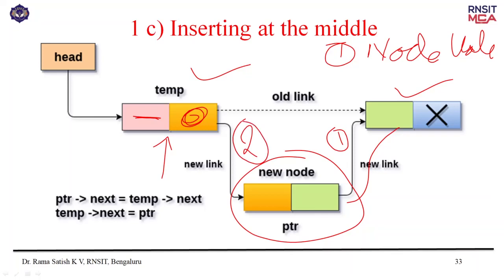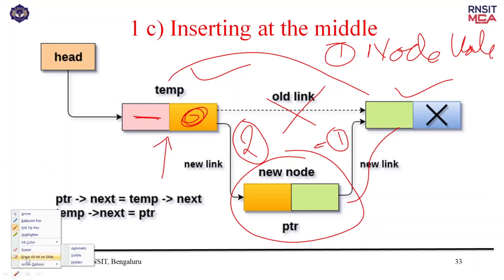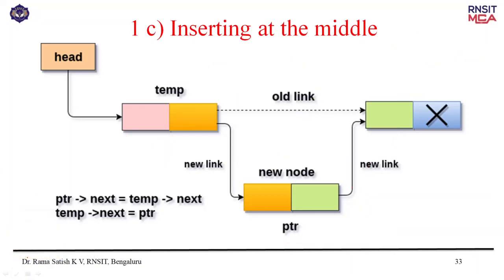So you will connect the new node link to the temp link. This is the first task that you are going to do. The second task is you connect the temp link to the new link. As soon as you connect the second link, the old link automatically gets disabled, or removed, as soon as you create the new link.